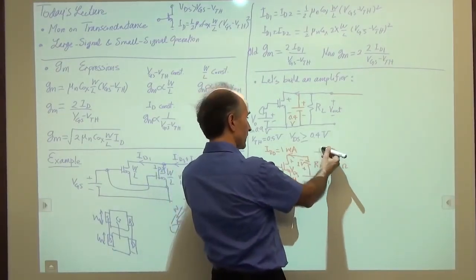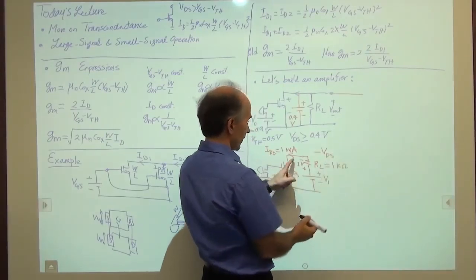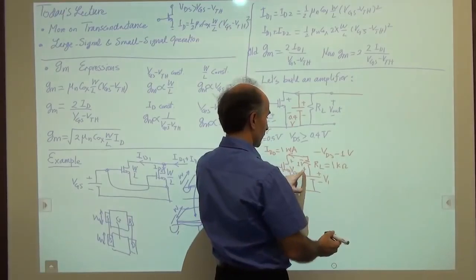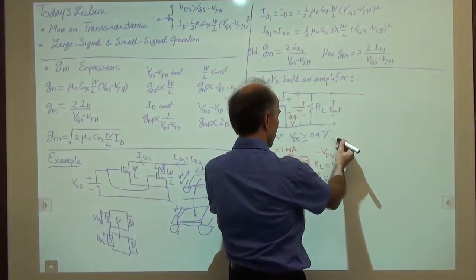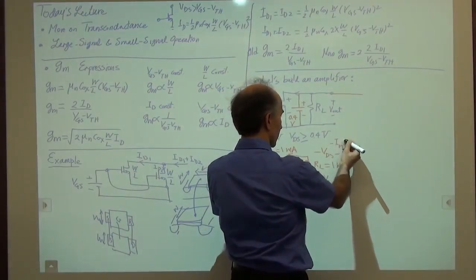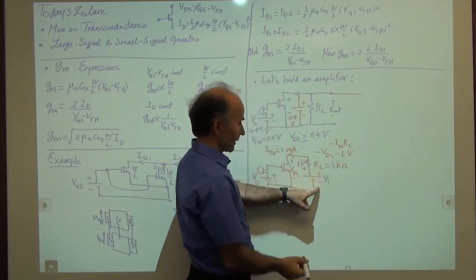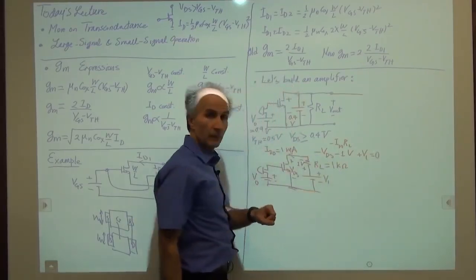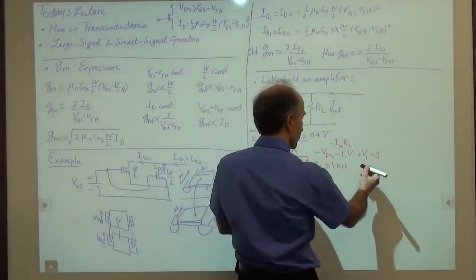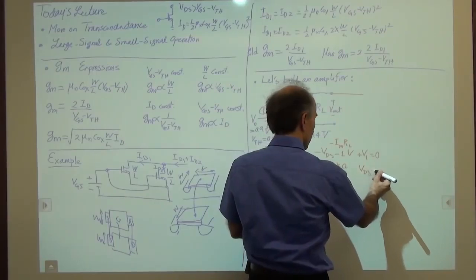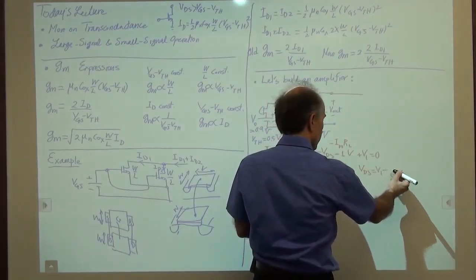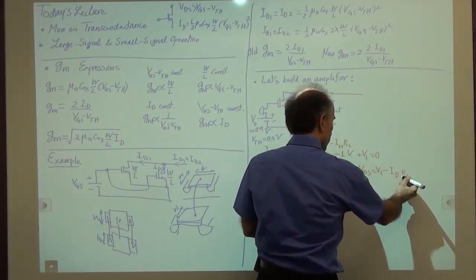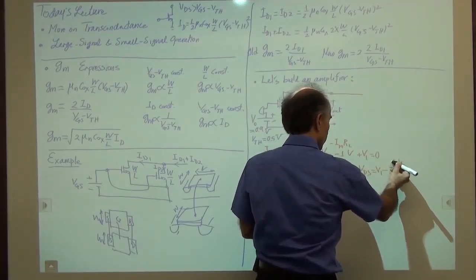So minus VDS, then I'm going this way, minus 1 volt, or this would be really minus ID0 RL, and then plus V1 equals 0. I'm interested in VDS, so we see that VDS is equal to V1 minus ID0 RL, knowing that it's equal to 1 volt right now, right? Minus 1 volt.